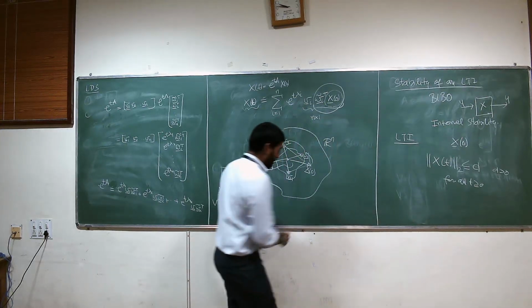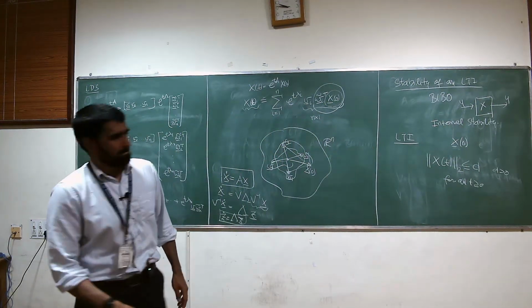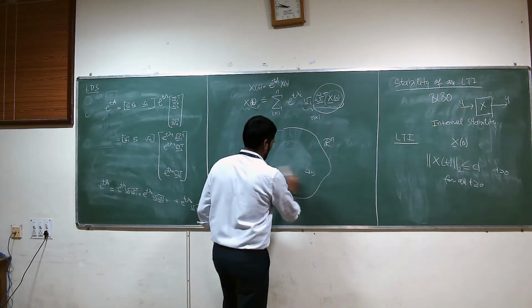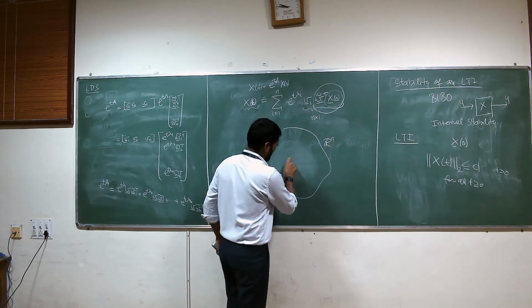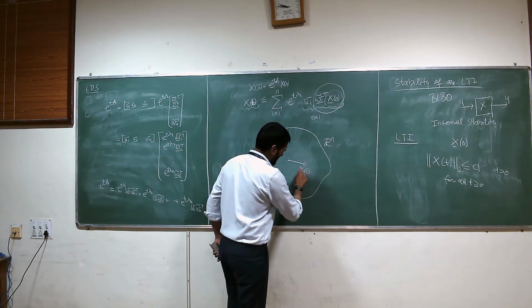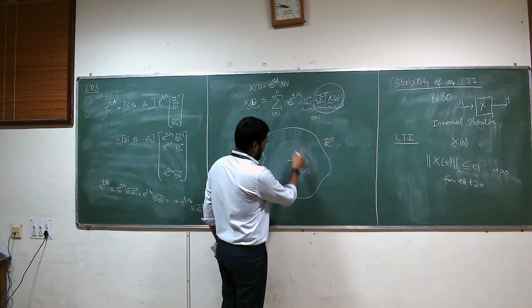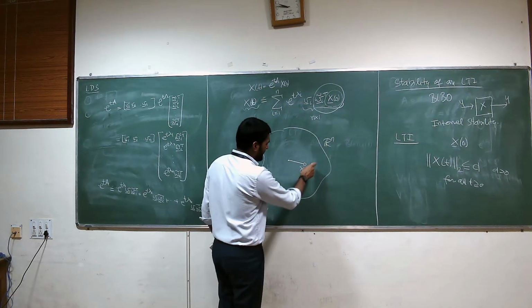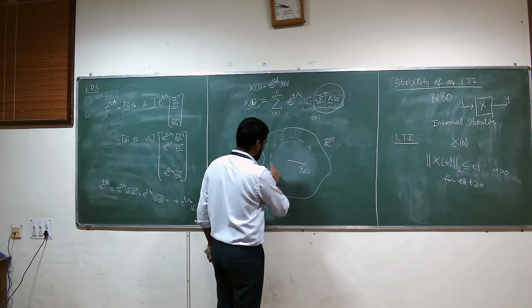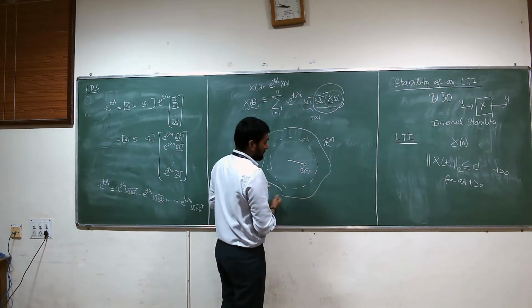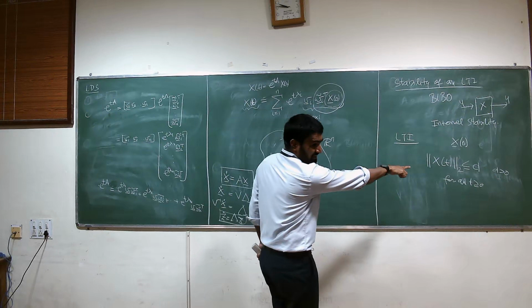That means, let's say this was your initial state, and then we observe the trajectory of the state. If that trajectory is bounded by a hypersphere of radius d, that's what that means, right?